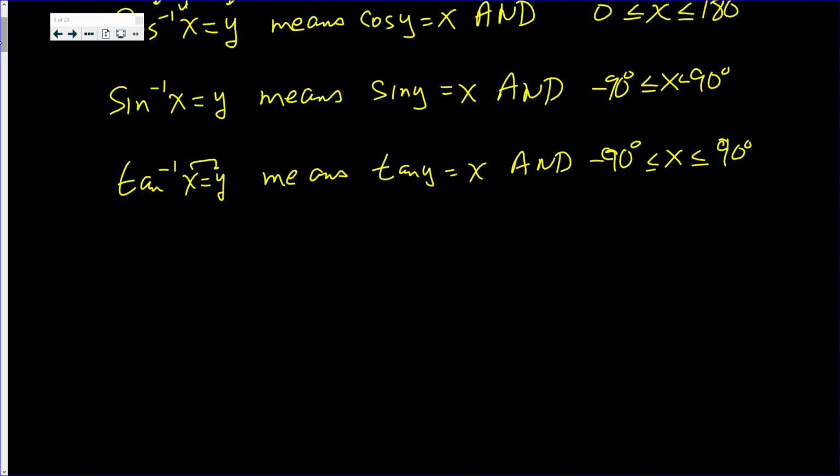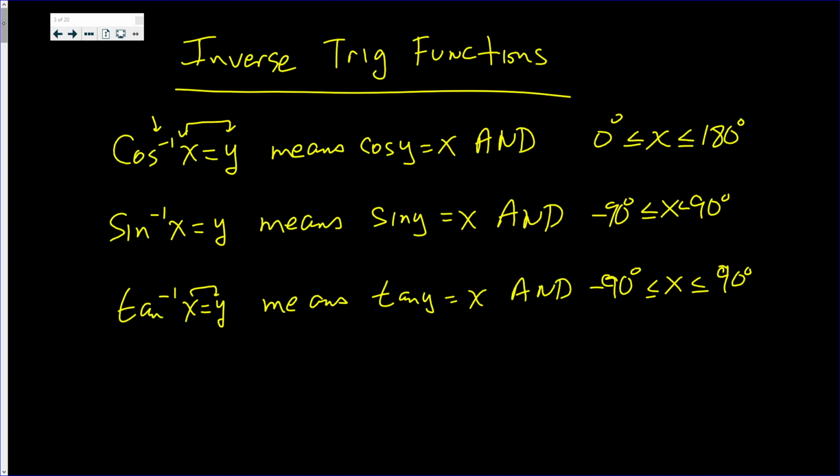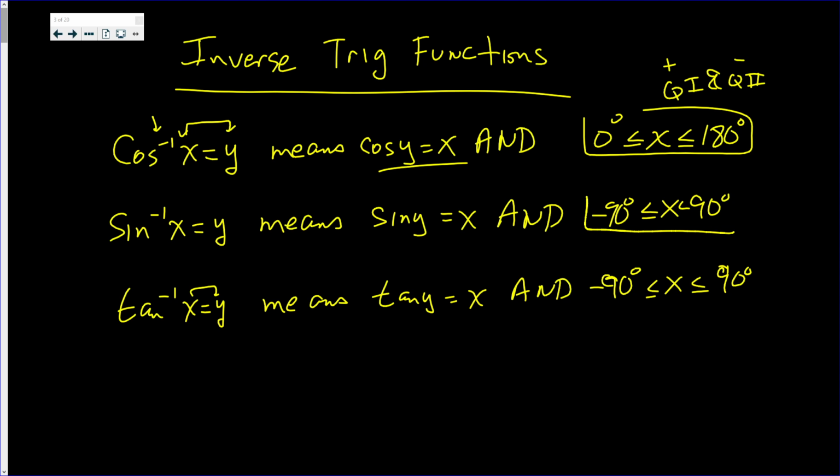Now, what I do want to say is this. This is in quadrant 1 and quadrant 2. The cosine is positive in quadrant 1, but negative in quadrant 2. Negative 90 to 90, well, that's in quadrant 1 and quadrant 4.